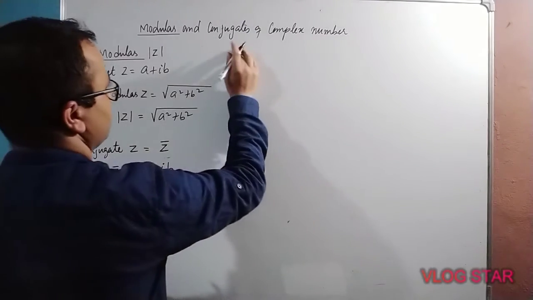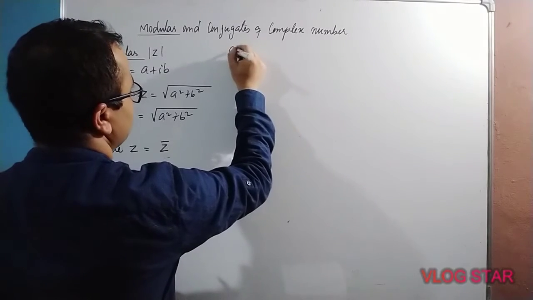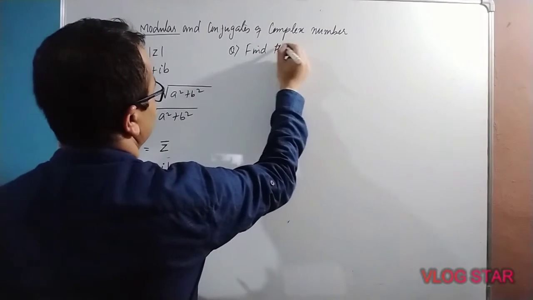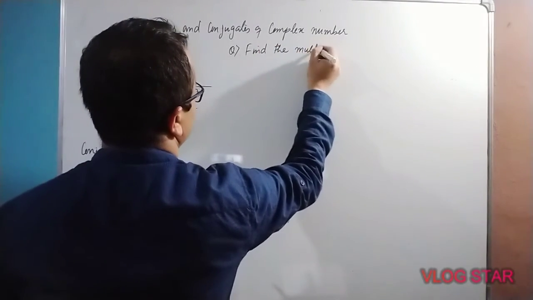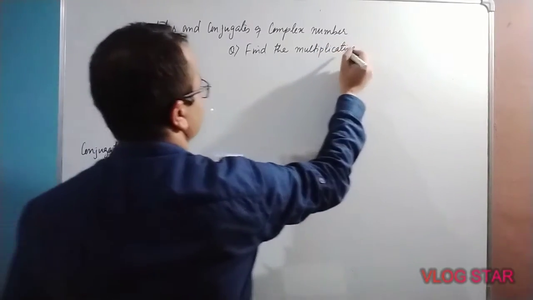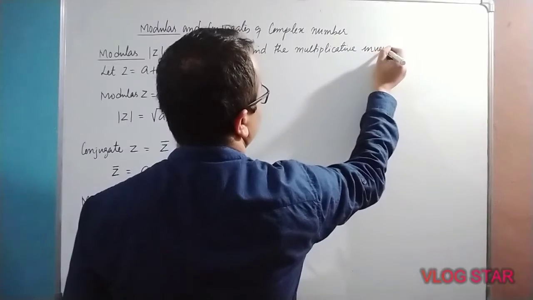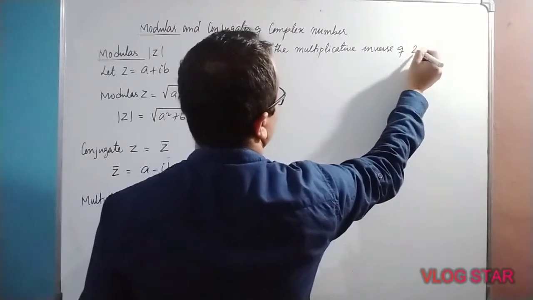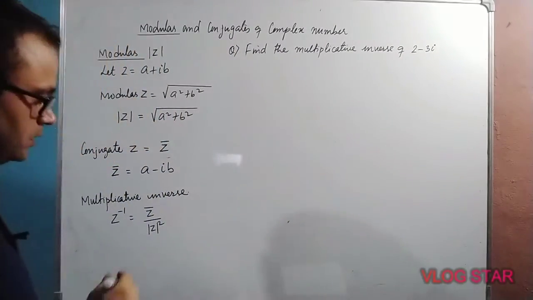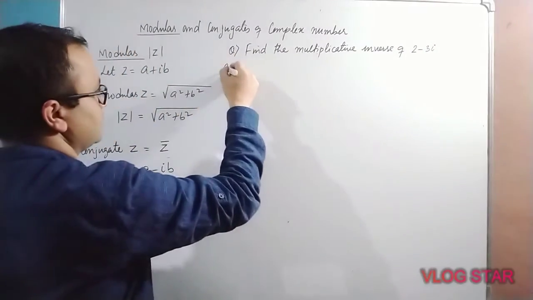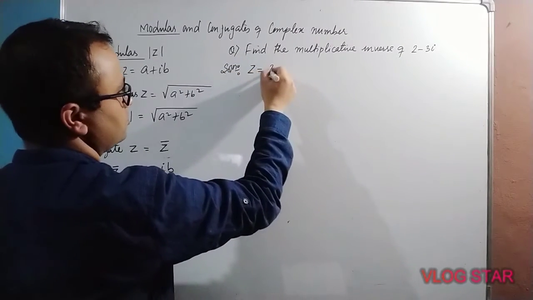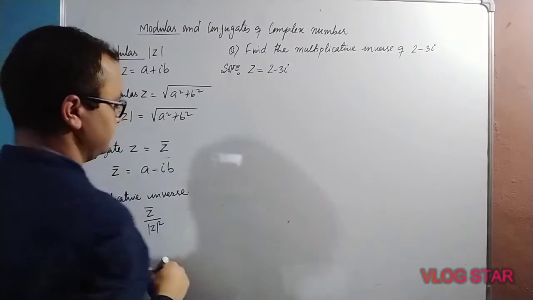Suppose, for example, the question is: find the multiplicative inverse of 2 minus 3i. In the solution, first we write the given complex number, z equals 2 minus 3i.